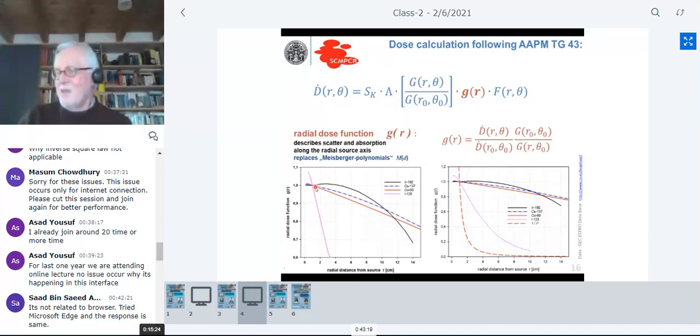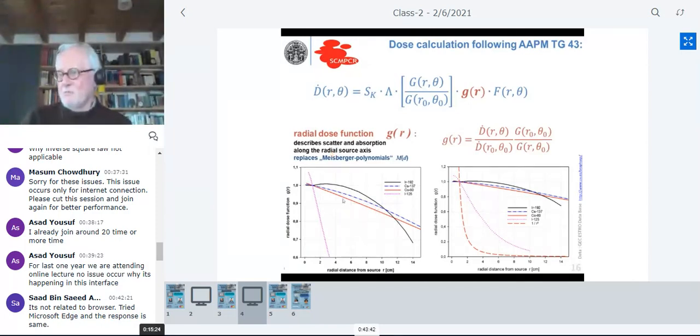And for the Meisberger polynomials, you would have the dose rate divided by the air kerma rate, and the dose rate is a little bit larger, so you would have something slightly larger, 1.02. In this way, you can tell whether you're looking at a radial dose function or a Meisberger polynomial.